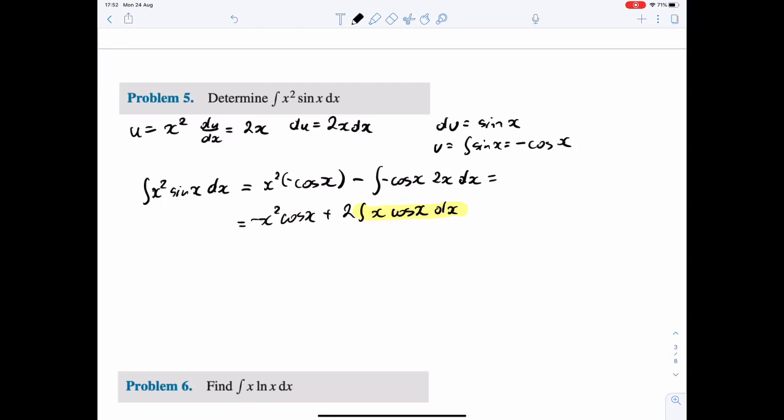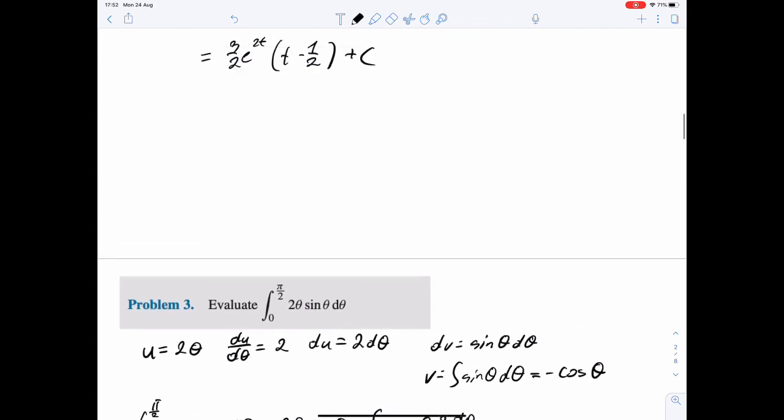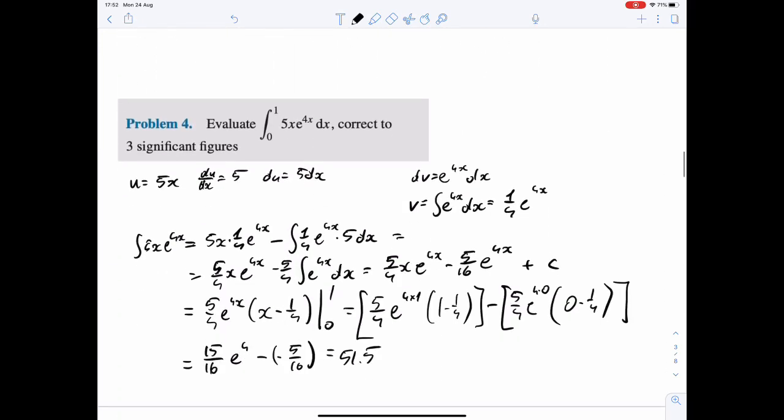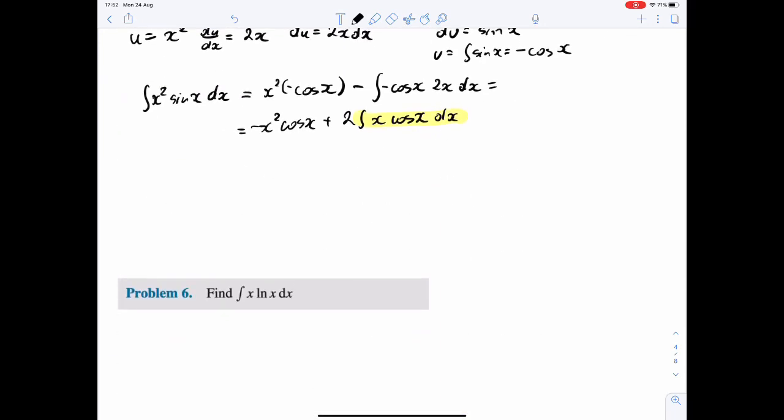But also, maybe if you just notice, the first problem that we did today also dealt with x cos x dx, and that integral is x sine x plus cos x. So I'm going to apply that in here to get minus x squared cos x plus 2, and in the bracket here x sine x plus cos x, and then plus c.